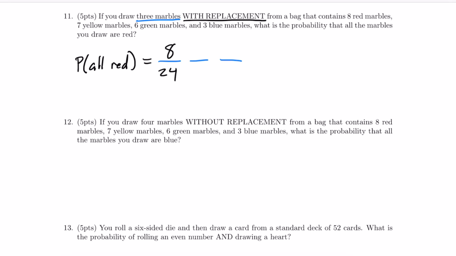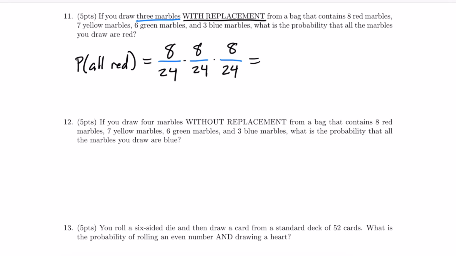Now, if I take out a red marble and I replace it back into the bag before I draw the next marble, the probability that the next marble is red is also 8 out of 24. And same thing with the next one, it's still 8 out of 24 because I'm replacing the marbles back into the bag. And so in this case, when I multiply those fractions together, what does that give me?